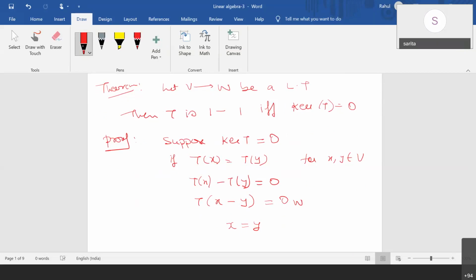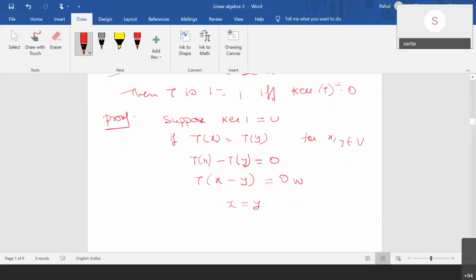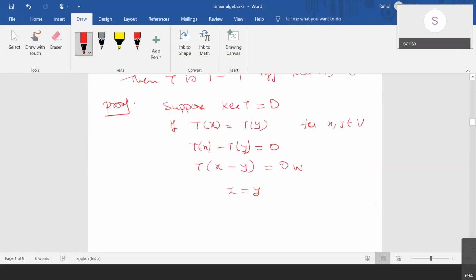Right, and this implies x is equal to y, because I just did somewhere Tv equal to 0 implies v equal to 0. So this is a property of isomorphism, that if T is an isomorphism, then Tv equal to 0 implies v equal to 0. So this is one way, then x equal to y, and therefore this is 1 to 1 because Tx equal to Ty implies x equal to y. This is 1 to 1.